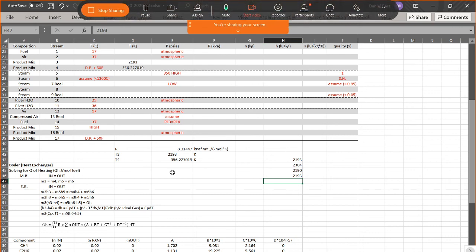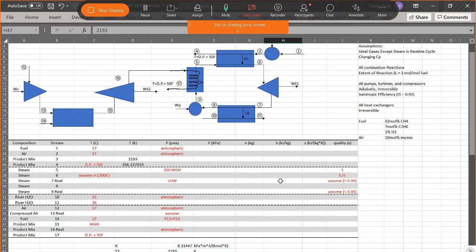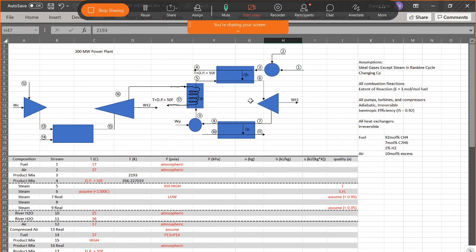All right. Yeah, and depending on what you assume in your Rankine cycle, your temperature is going to be all over the place for that. What temperatures did y'all assume at state 6? What were y'all getting there?